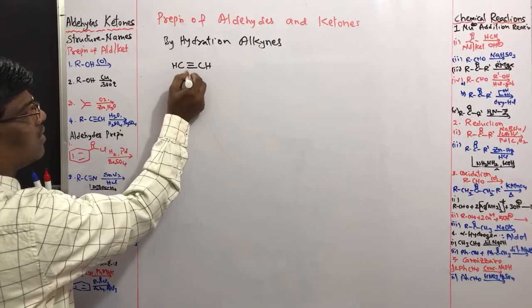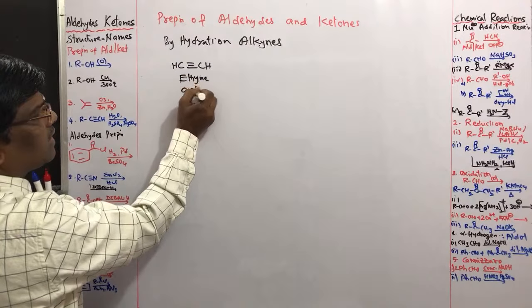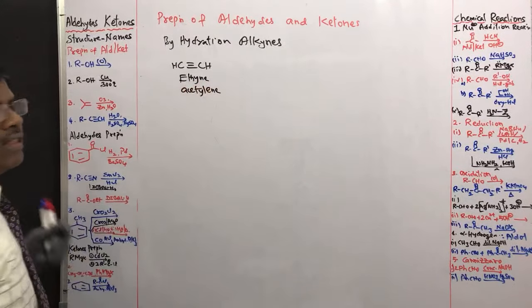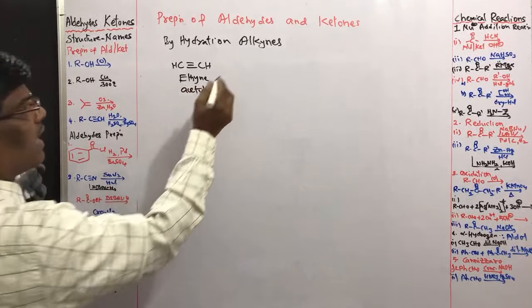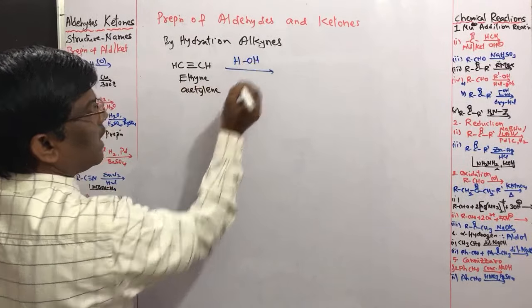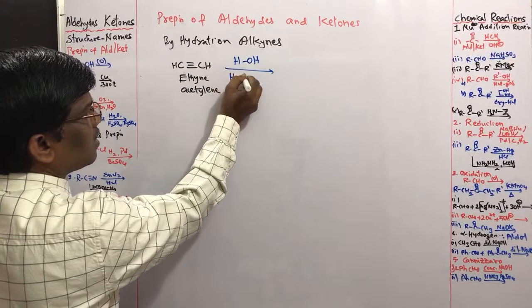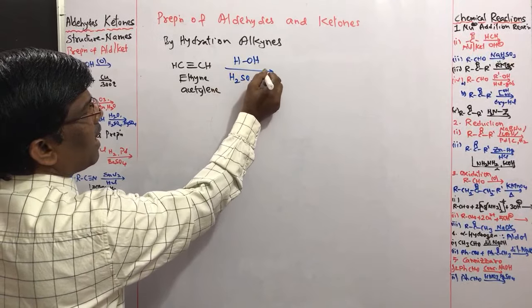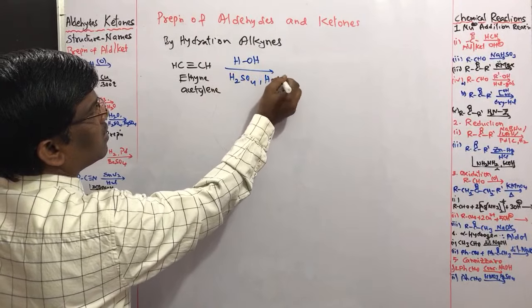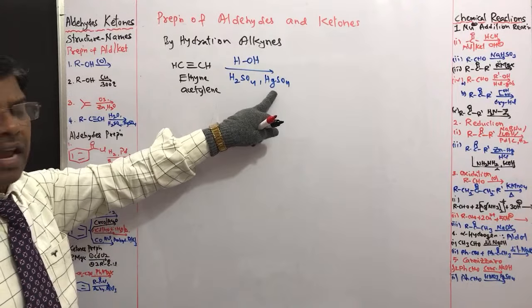Ethyne, or acetylene. This acetylene, when I treat it with water in the presence of sulfuric acid, that is acid, and mercuric sulfate, the mercuric sulfate acts as a co-catalyst.